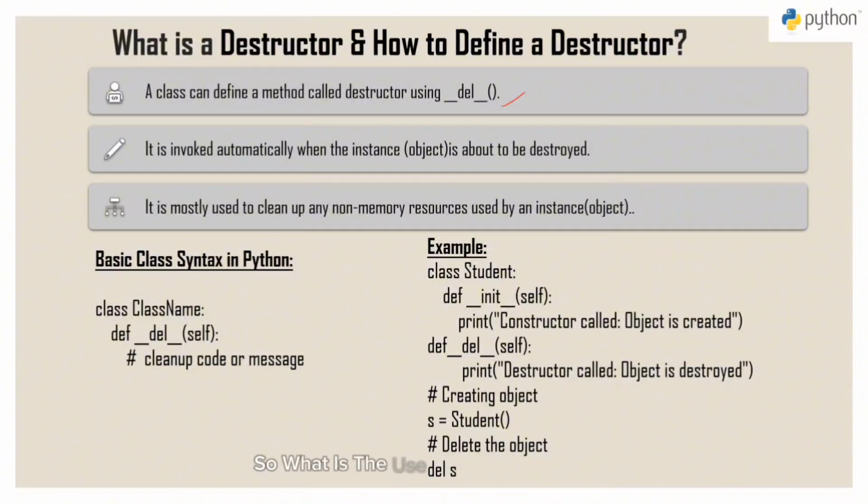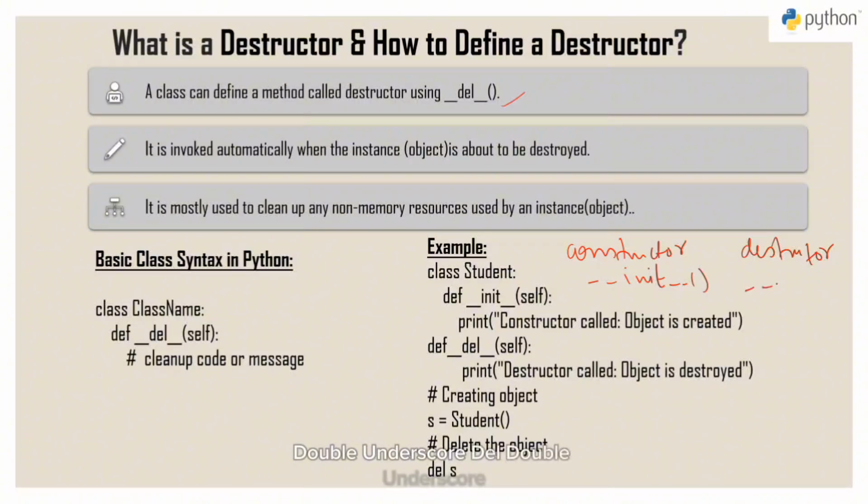So what is the use of a destructor, right? Suppose I have a constructor with double underscore init double underscore. I have a destructor as well, double underscore del double underscore. The constructor is used to initialize the objects. So I have an object, and memory is allocated for that object.